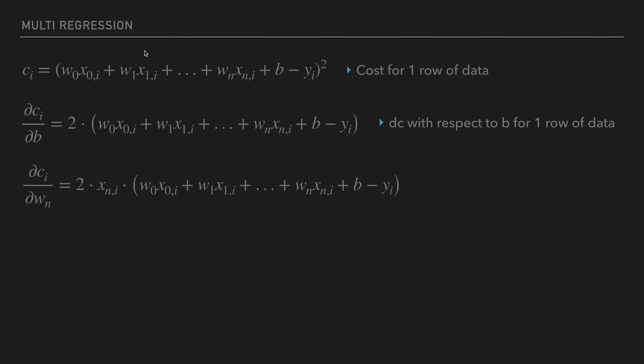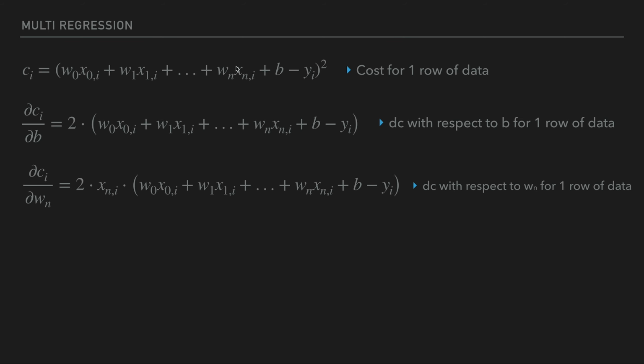It's just the derivative of this as if it were one variable times the derivative of the inner parenthesis, right? The derivative of the inner parenthesis is just xni, and the derivative of the other thing is 2 times this, right? So this is all we end up with, and this is the derivative of the cost with respect to the nth weight for one row of data. And it's actually very simple, that's all it is.